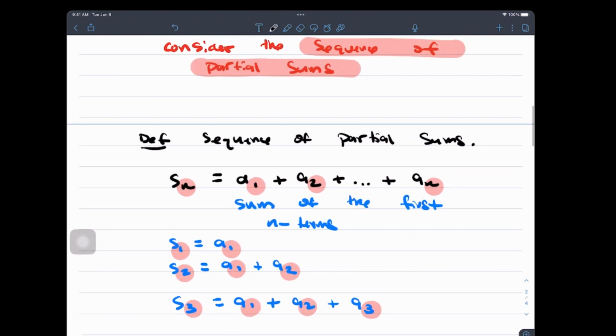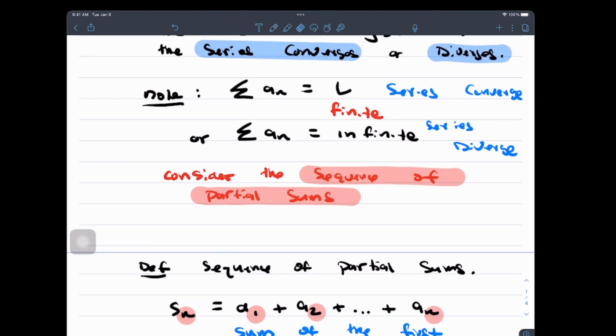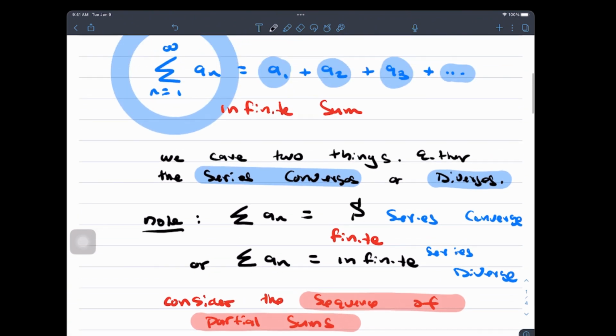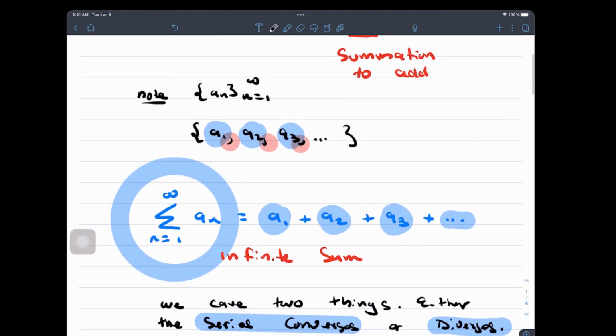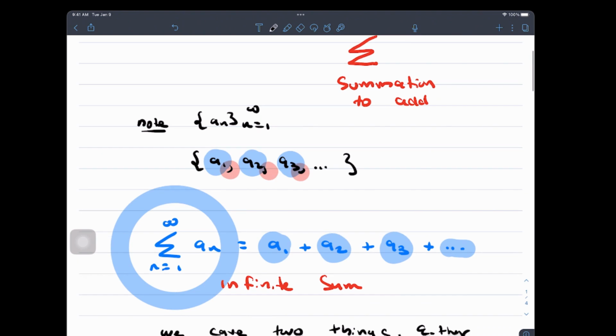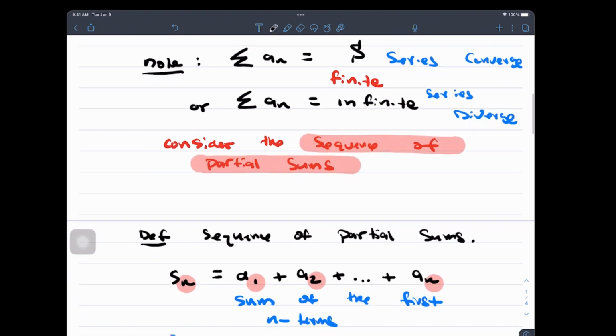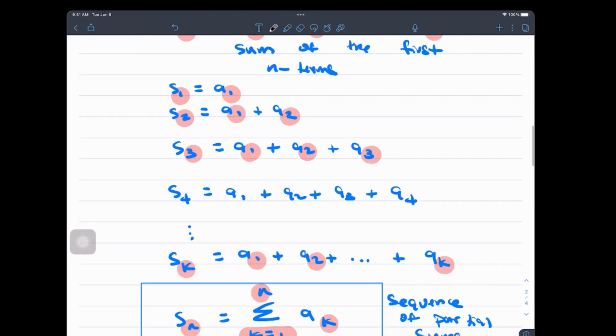This is our sequence of partial sums. And whether the series, the book called that S, I called it L. We can change it to S. That's fine. And that's the essence of what we're now transitioning to. We now have an infinite sum, an infinite series. Add the terms. Does the sequence of partial sums converge to a finite value L?